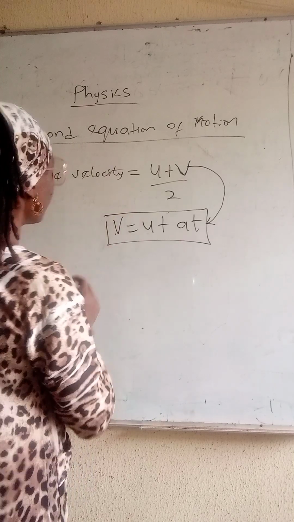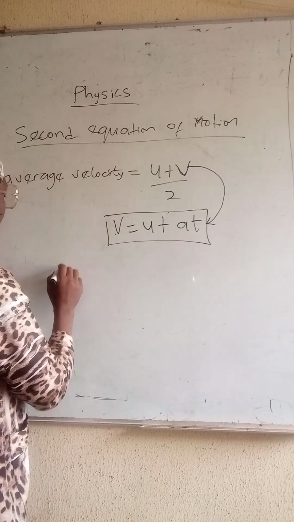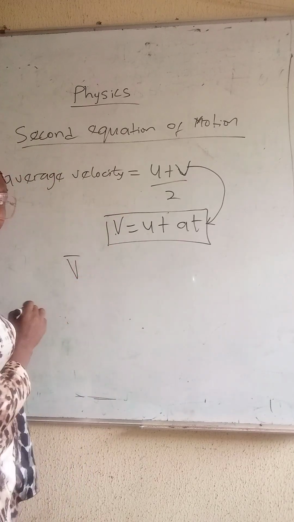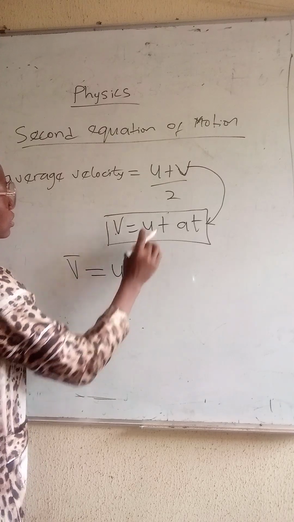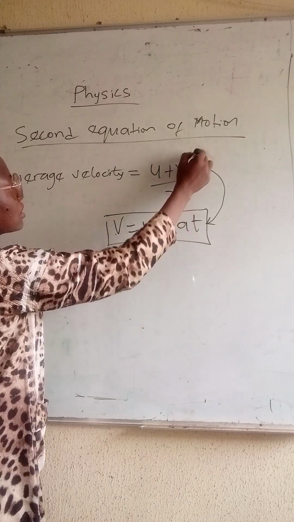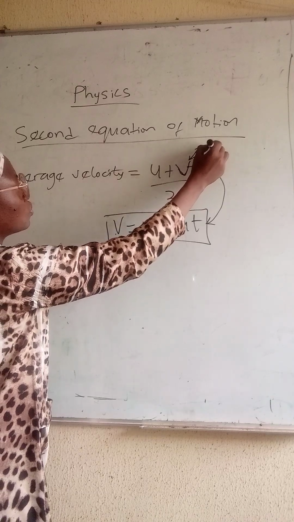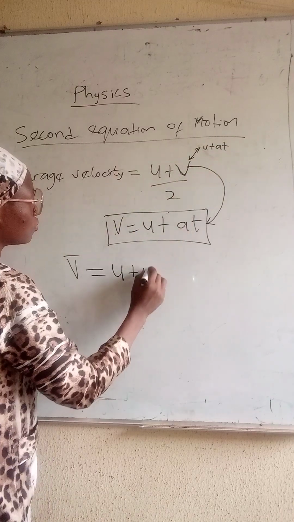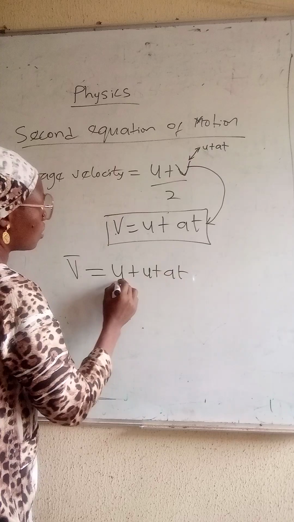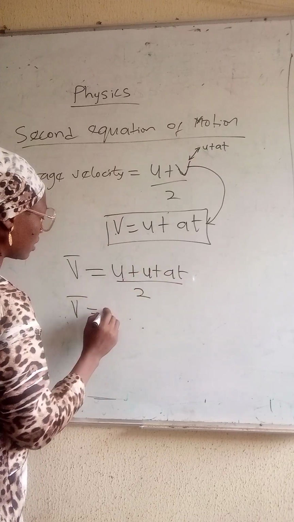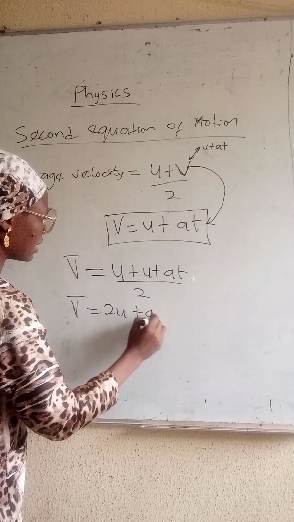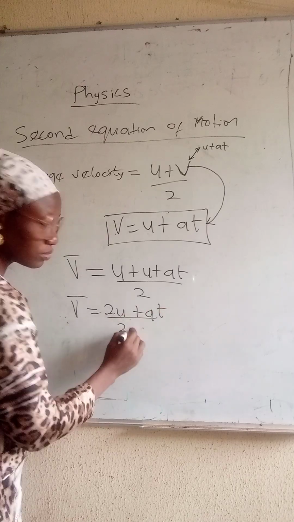If we do that, let's use this to represent average velocity: it is equal to u plus, if I put this in place, u plus at, all over 2. So this becomes u plus u, you have 2u plus at, all over 2.